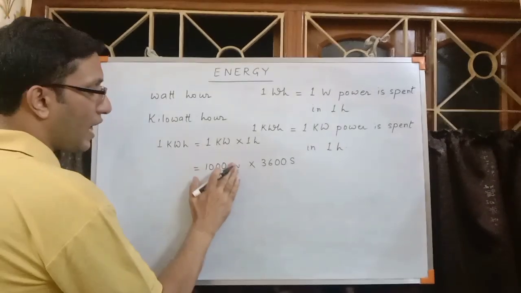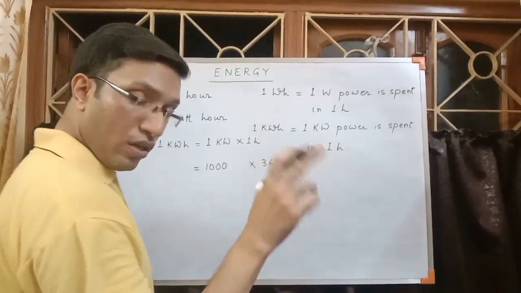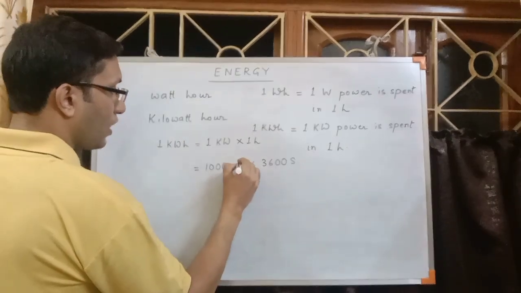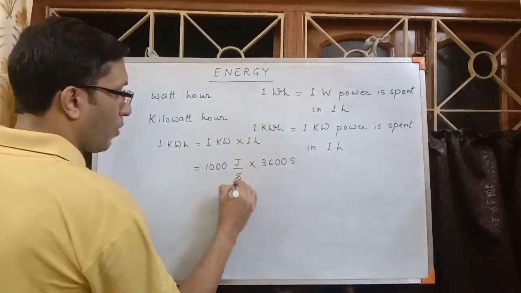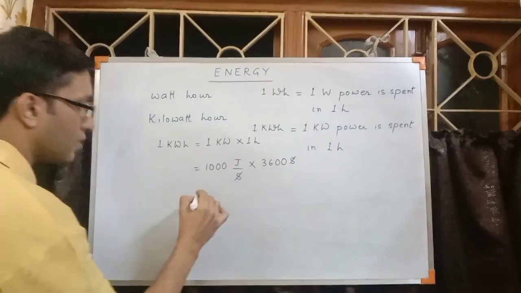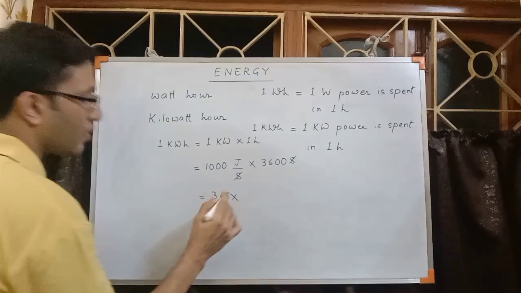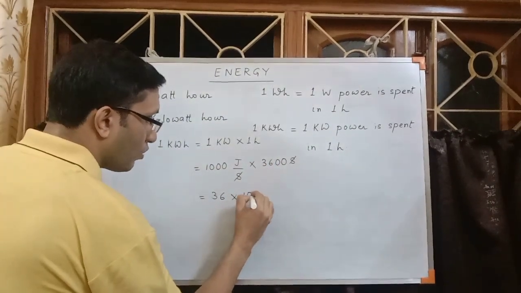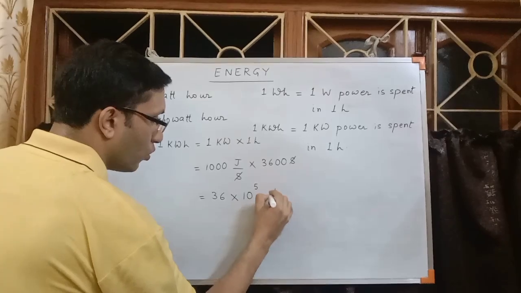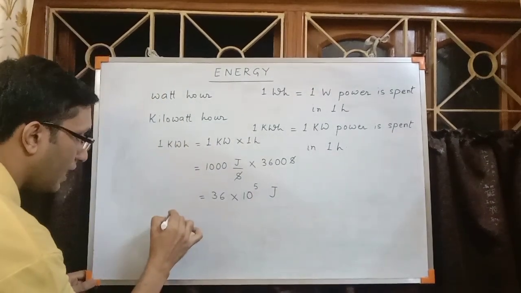And we know that 1 watt power means 1 joule of work is done in 1 second. So this watt can be written as joule per second. So from here, second and second cancel. And if we write this in exponential form, that means 10 to the power 5 joule.